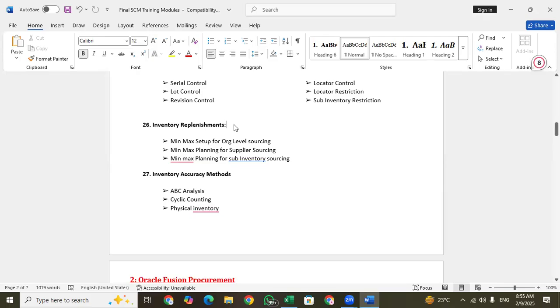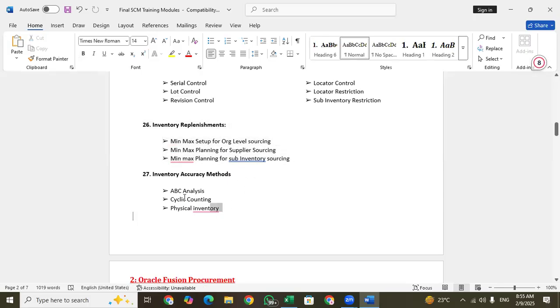Whenever the half kg level is reached in your home, automatically you go to DMart and bring 5 kgs of atta. That is called a planning method, right? You do not wait until the atta is completely finished. Your stock is only half a kg, so immediately you go to DMart and bring the material. That is called the min-max planning method. Those methods will be discussed over here.